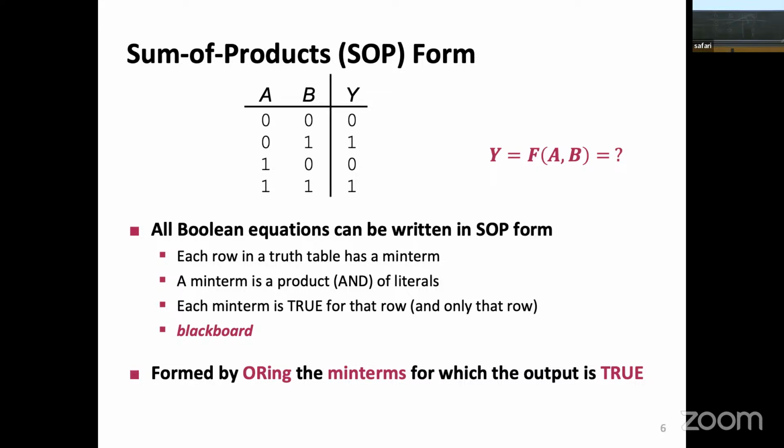I have purple. Okay. So there are 4 min terms here, right? So this is not A and not B. This is not A and B. And this is A and not B. And this is A and B. Now, when I want to write down the equation, I can just simply look at the lines that produce a positive output.